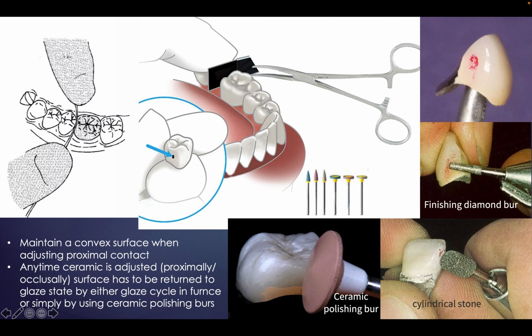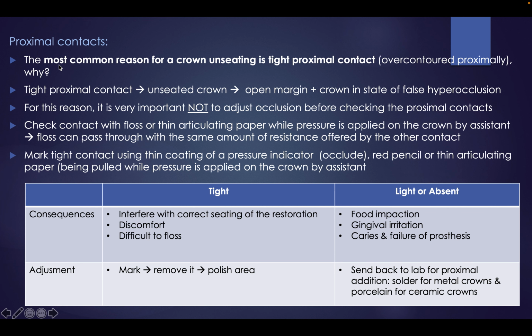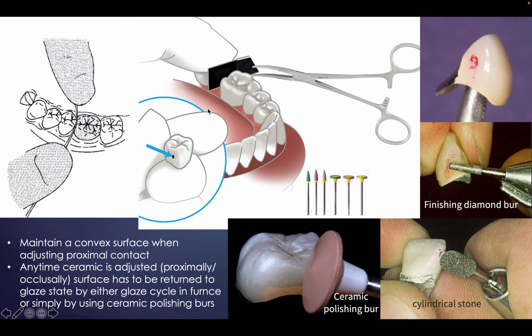So they produce a crown which is slightly over-contoured. Now the right technician, or the excellent technician, knows how to produce a tiny contact which is just right, so that you have a positive contact without you doing any adjustment. But not all technicians are able to do this successfully, so they produce a bigger contact proximally, here between the teeth.